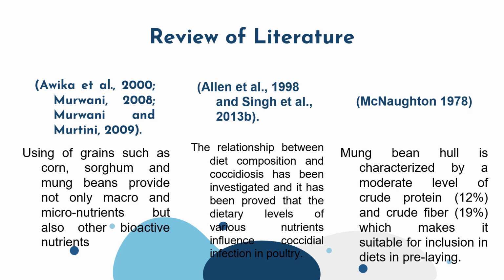And the last one here is from McNaughton in 1978, which says that the mung bean hull is characterized by a moderate level of crude protein, which is 12%, and the crude fiber, which is 19%, which makes it suitable for inclusion in diets in pre-laying.